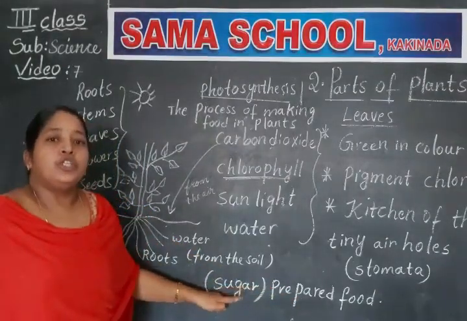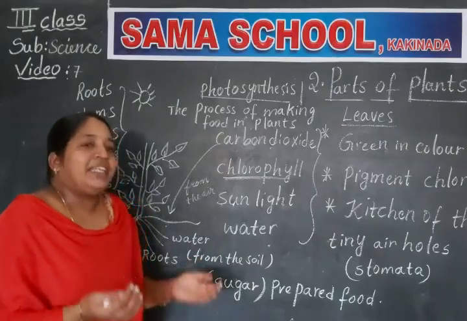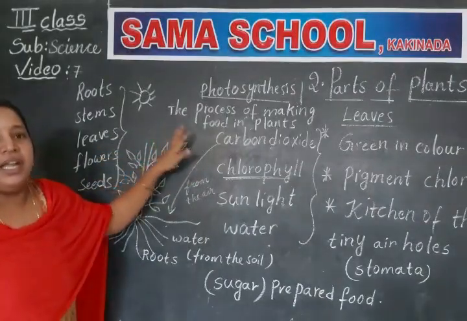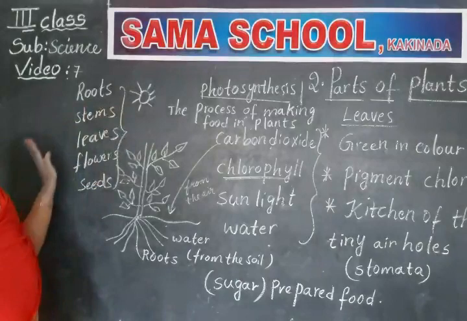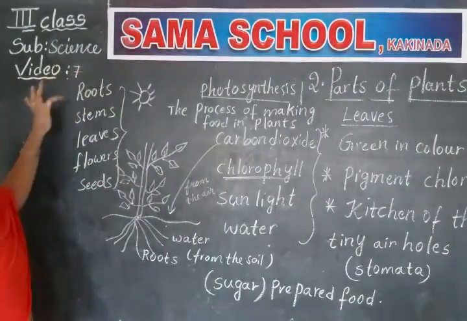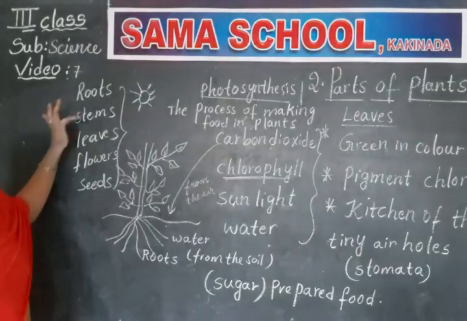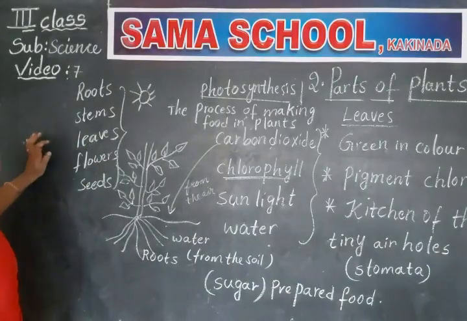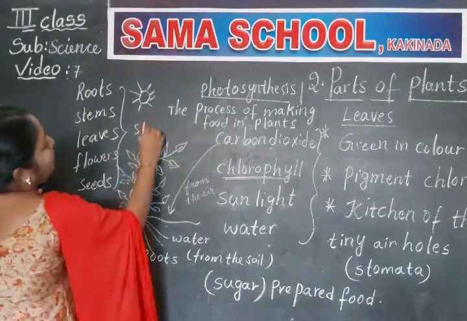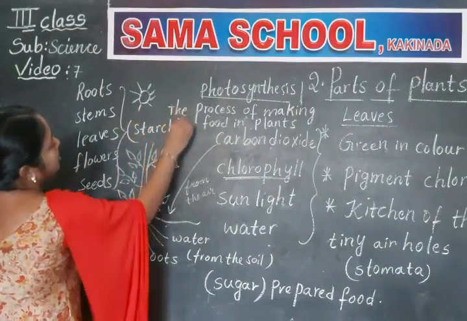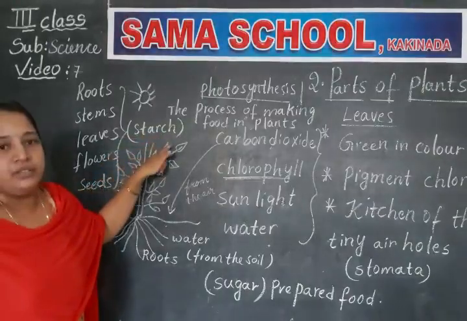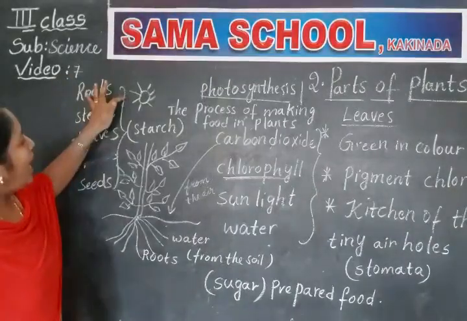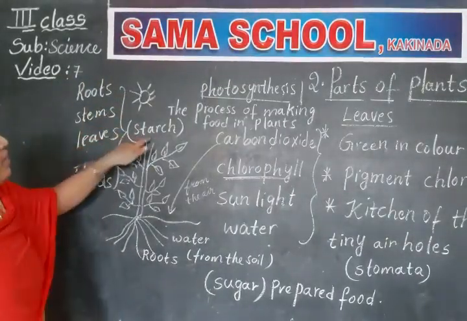After preparing its food, it takes some food for its growth, and the remaining food is stored in different parts of the plant: roots, stems, leaves, flowers and seeds. And how do they store it? In the form of starch.